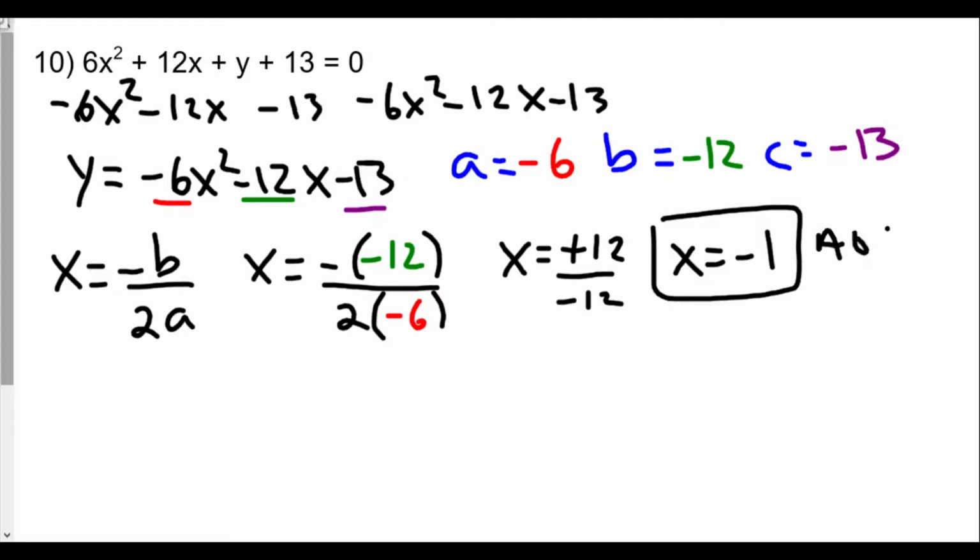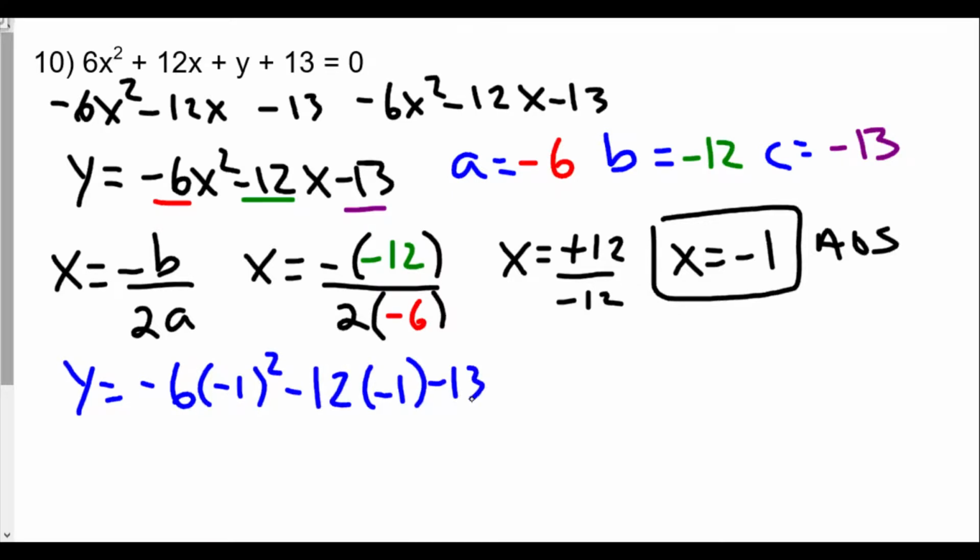Again, this is not what we're looking for. We're looking for the vertex form of the parabola. But this is extremely important for us to help us find it. So that's our first step. We're going to plug this back into our function here for y. So y is equal to negative 6 times negative 1 squared minus 12 times negative 1 minus 13.